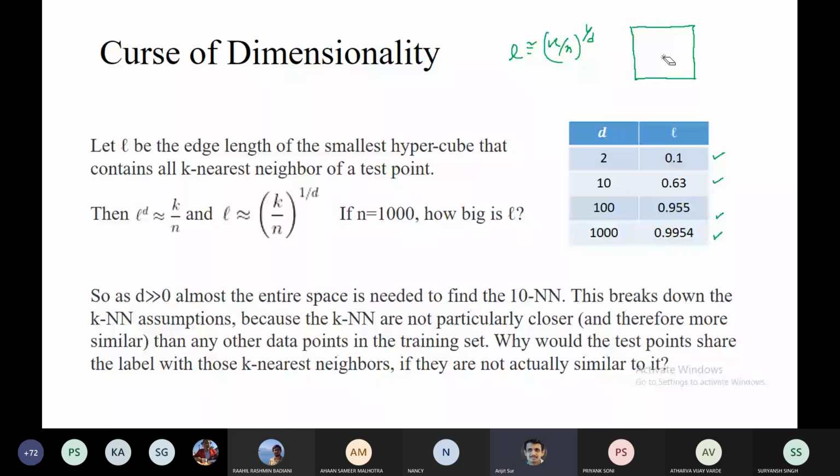This is very, very high, almost 99.9%. So if it is so big a space, what happens?